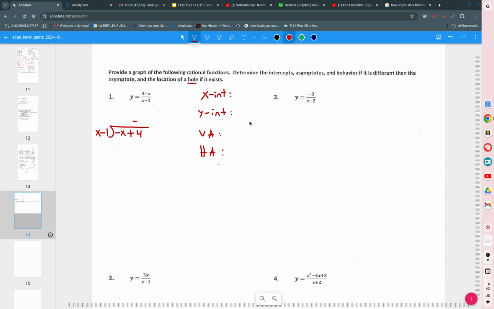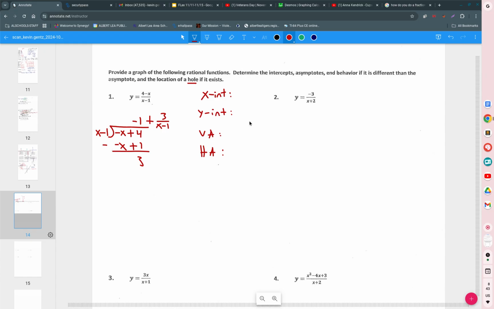So I put the negative 1 here, and I multiply it back through. Negative x plus 1, and I subtract, and I get 3. What do I put on the end here then if the remainder is 3? Plus 3 over x minus 1.